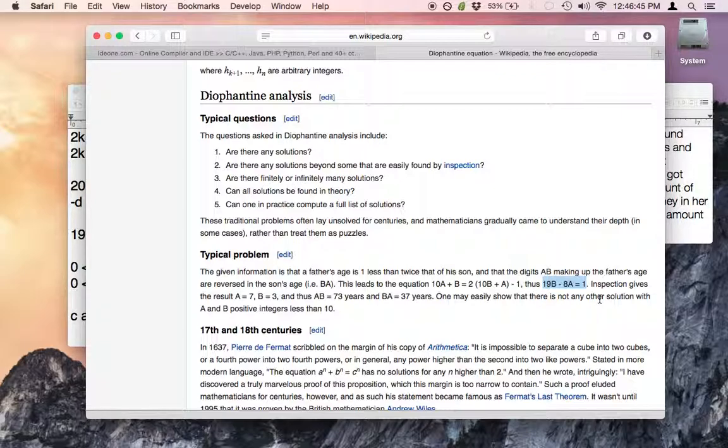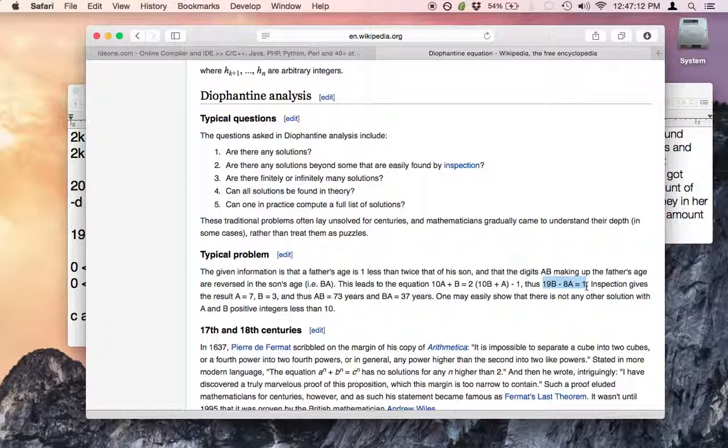If we multiplied A by 7, 7 times 8 would give us 56. And if we multiply B times 3, we would get 57. And of course 57 minus 56 equals 1. So that is a solution, and it's just something that you discover by looking at the problem.